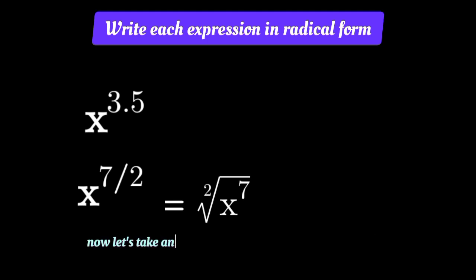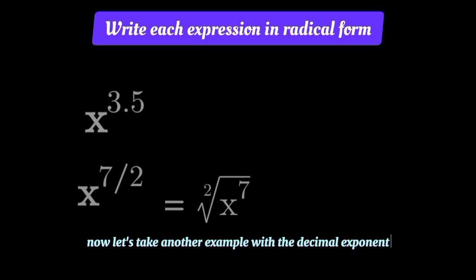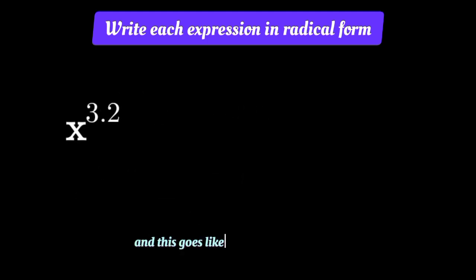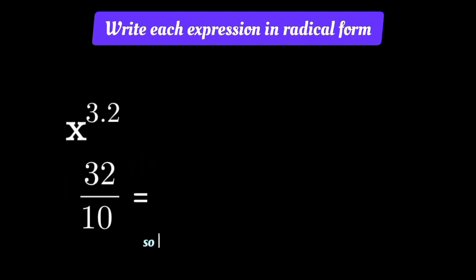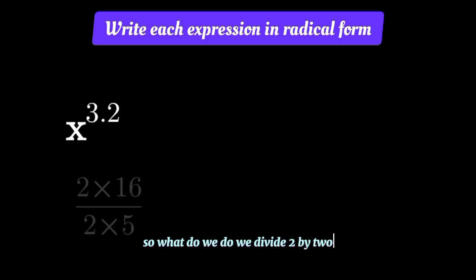Now let's take another example with a decimal exponent. And this goes like this, x to the power 3.2. Converting 3.2 to a fraction, we do the same, which is multiplying it by 10 and then dividing it also by 10. When we multiply 3.2 by 10, we have 32, and we have 32 over 10. So we divide through by 2.